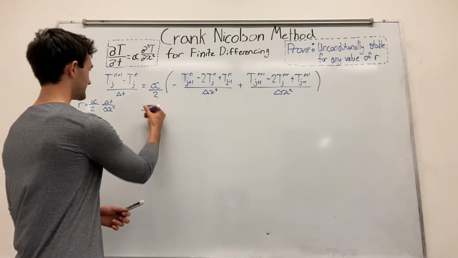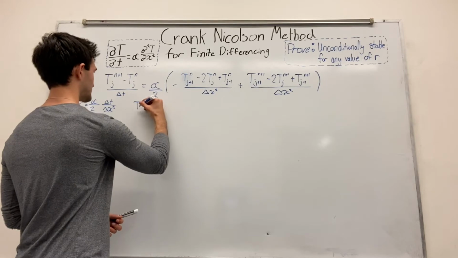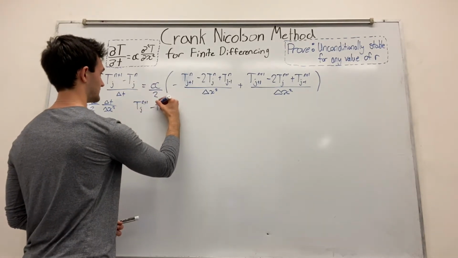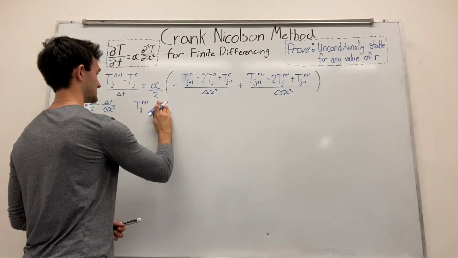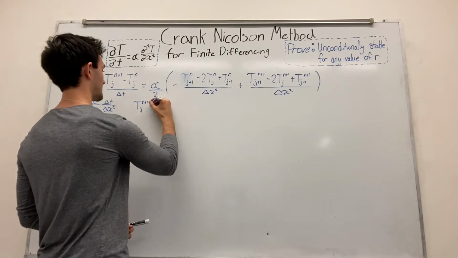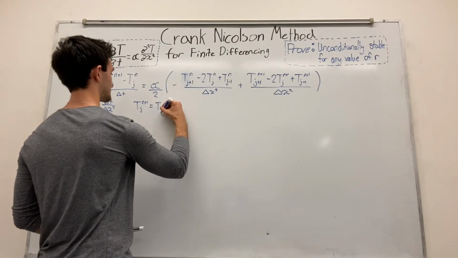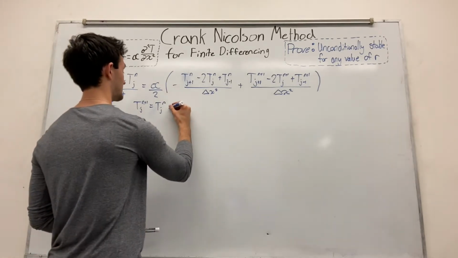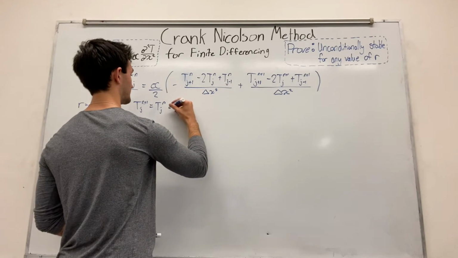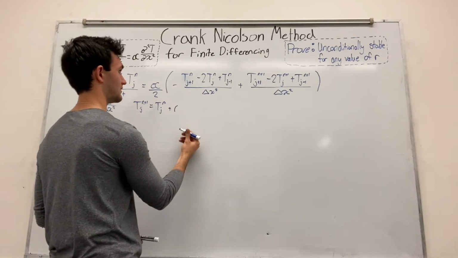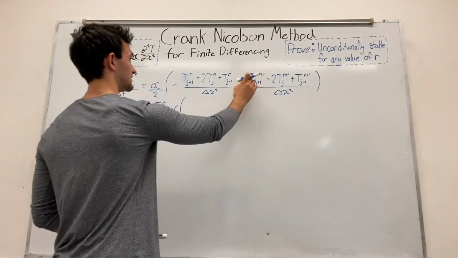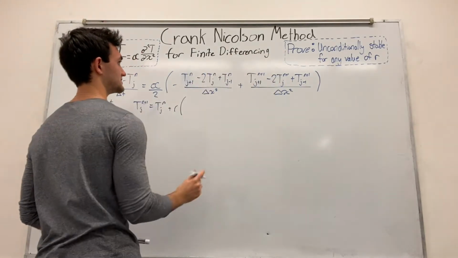We have your temperature at position J, one time step in the future, minus the temperature, actually I'm going to move this over, is equal to the temperature at the position of interest at the current time, plus r, big parentheses, encompassing these 3 terms and these 3 terms.